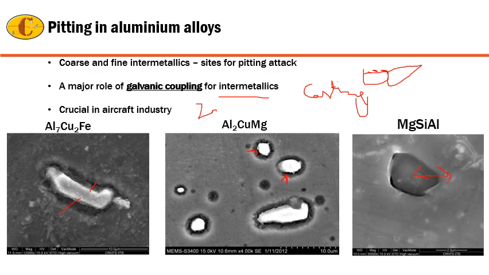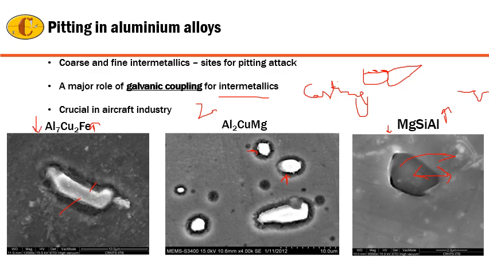In this case, the pitting occurs basically due to galvanic coupling again. So MgSi are anodic and aluminium is cathodic. So aluminium will remain and this MgSi will dissolve. So the pit here will be formed something like this. In this first case, aluminium copper and copper and Fe are cathodic, and aluminum is anodic.